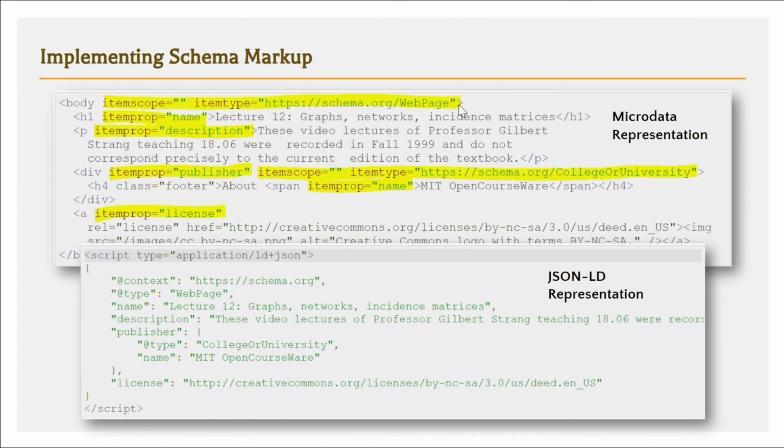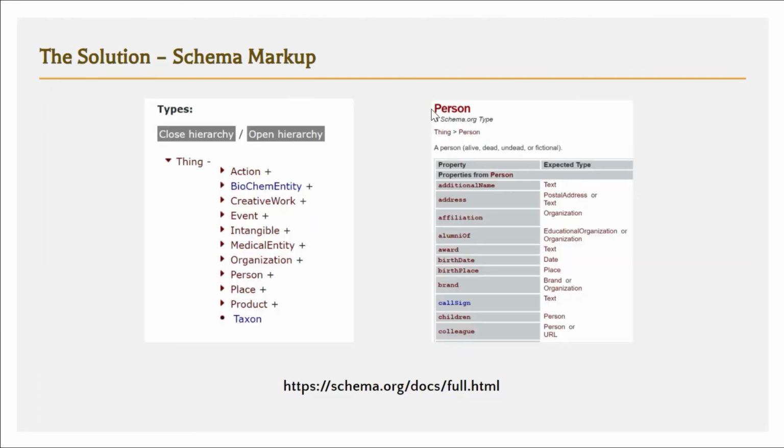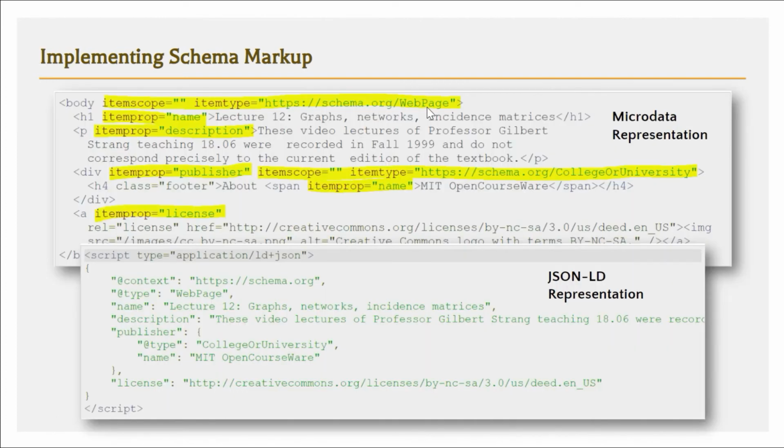And what is this item? Item type is a web page. So we are saying that the entire scope from body open to body close is of the type or thing web page. Web page is one of the things mentioned in this schema. It is a thing, and web page also has properties like this. So we are saying here that this is a web page, and web page has some properties. What are those properties?